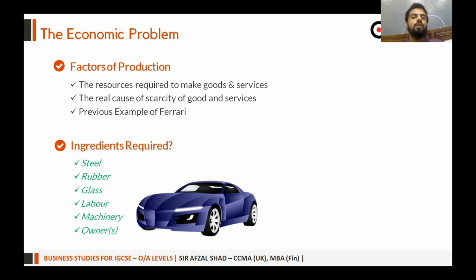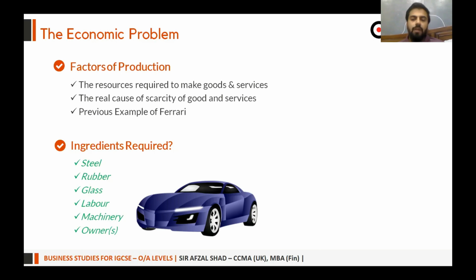Then the owners, by which we mean the investors, and managers, supervisors, all of those people who are organizing things in the offices and in the production department in the production of the Ferrari. All those people are required as well, so these people are also factors of production. Everyone who gives an input in the making of these cars is called a factor of production.